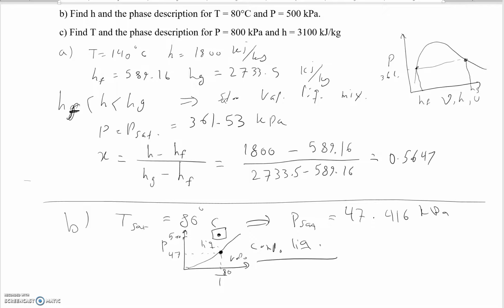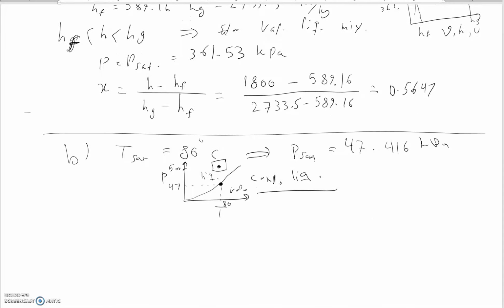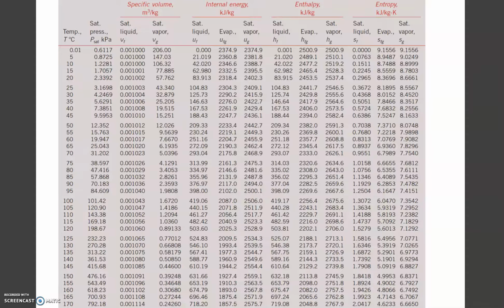Now, if you want to find the enthalpy, you can estimate the enthalpy of this compressed liquid just by looking at the HF in this table. Because your enthalpy does not change significantly from the bubble point line all the way to the compressed liquid phase, you can use the same HF as you see here. So at 80 degrees Celsius, you go to the HF, because we don't have a compressed liquid table for water in this case.